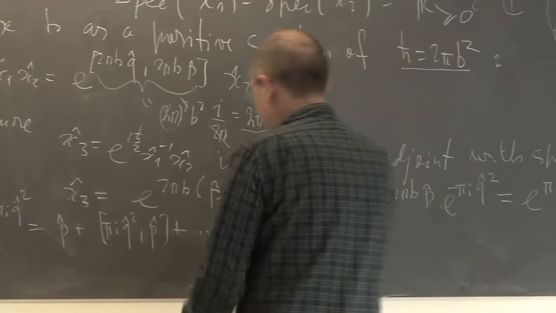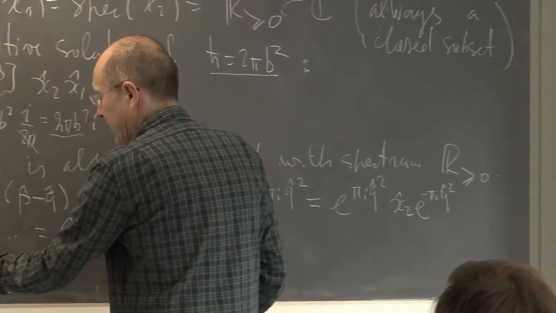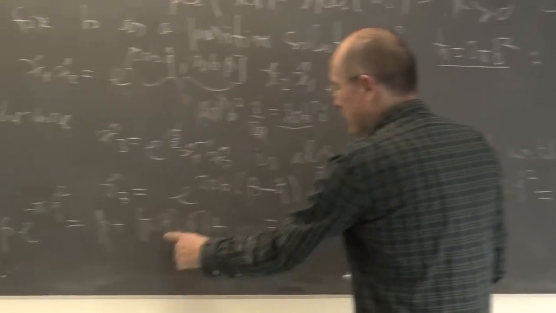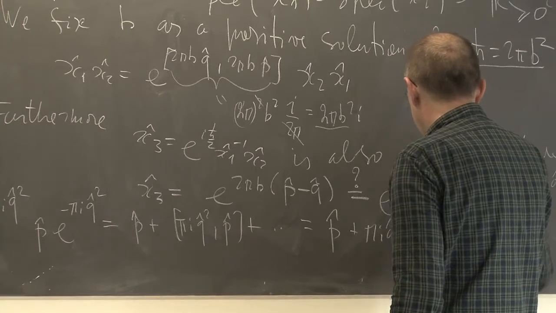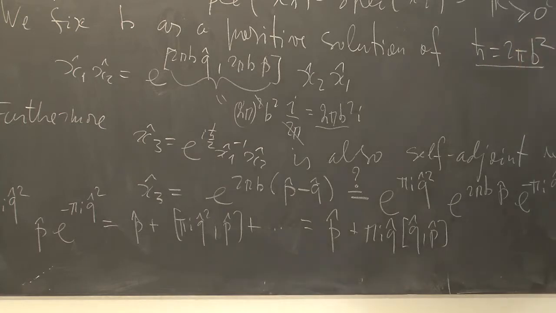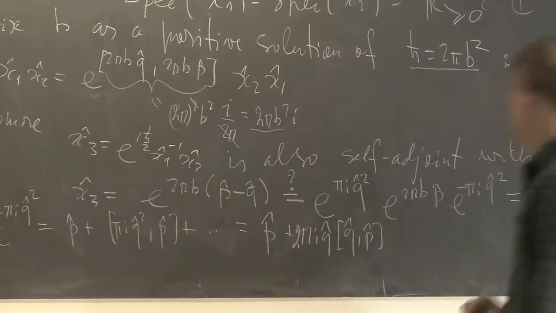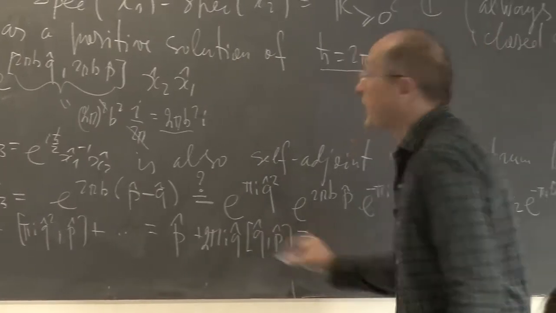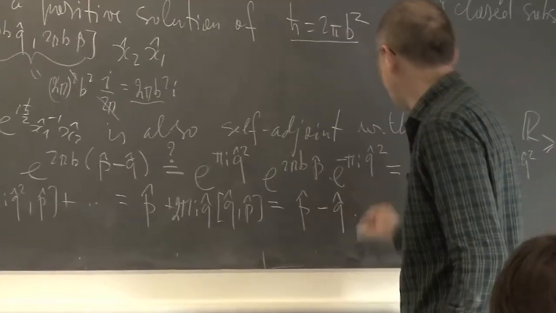And now if we calculate, it will be the derivative of that with respect to q, pi I q hat, times the commutator of q hat and p hat. And again, twice. And using the commutation relation over here, we get p hat minus q hat.